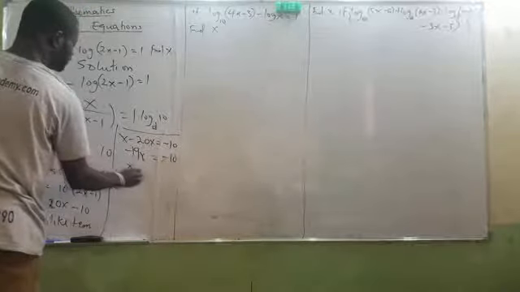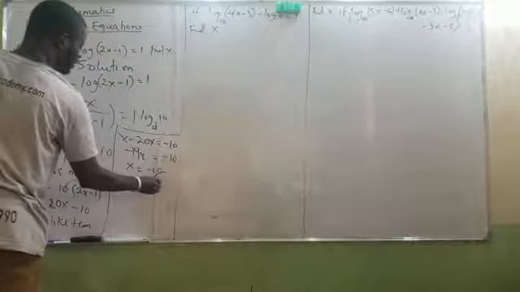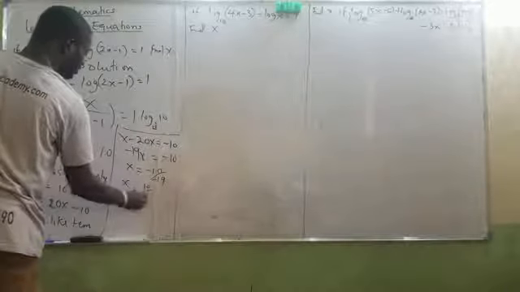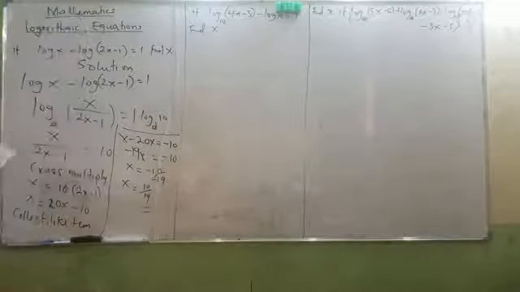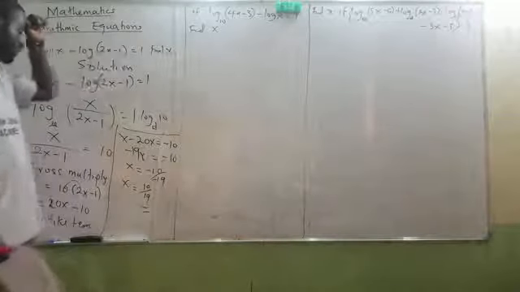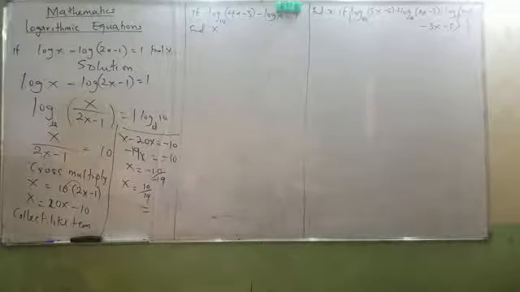Now my x will be equal to 10 all over 19, which is my answer. Now put 10 over 19 here. You will notice that everything becomes 1. That is what I'm trying to explain.